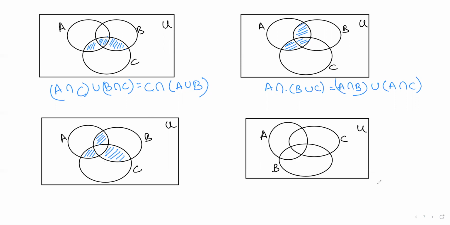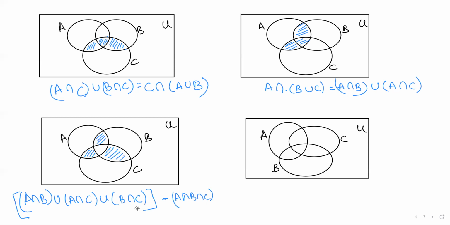So one lengthy way of writing this is A intersection B union A intersection C union B intersection C, and then you remove A intersection B intersection C from it. And this looks a little bit tedious.